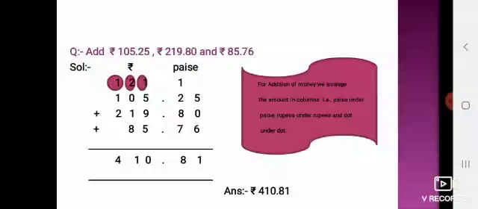After adding these three decimal numbers, we have got 410.81. So the sum of these given amounts is rupees 410.81, or we can say 410 rupees and 81 paise.